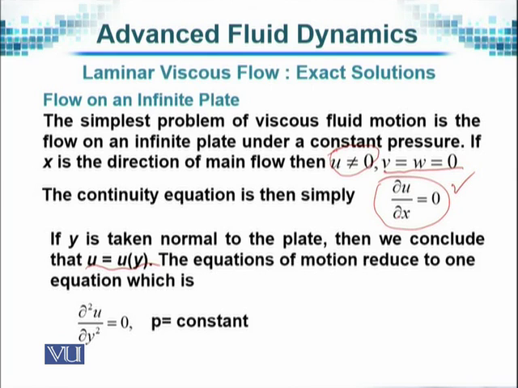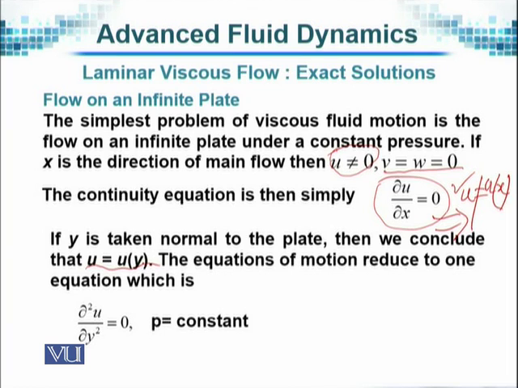Because du by dx is already zero. So from this it follows that u does not depend on x. So it has to depend on the other variable, that will be, let us say, some value of u of y that is unknown at the moment. This is one conclusion that we have derived from the continuity equation.